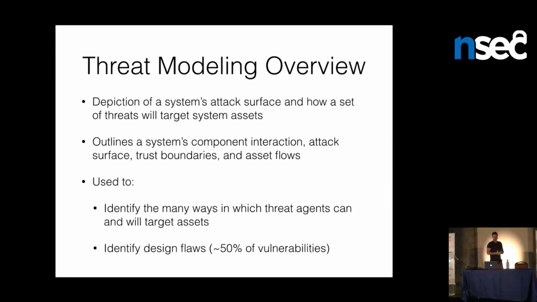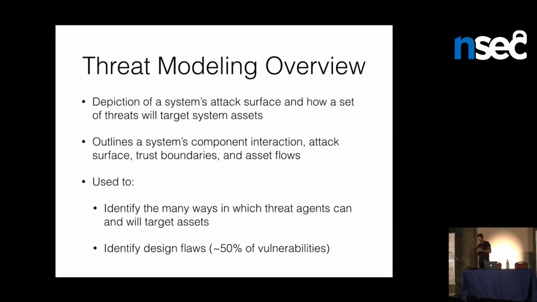Not threat modeling, but a threat model is a depiction of a system's attack surface and how a given threat actor will attack a system to compromise an asset or a set of assets.